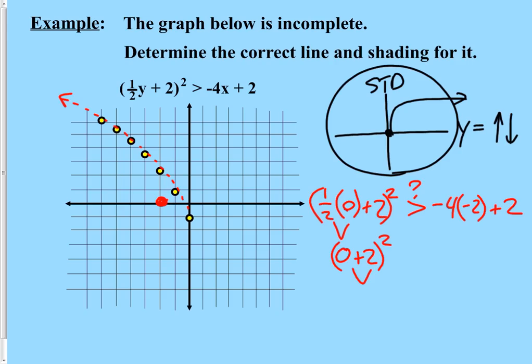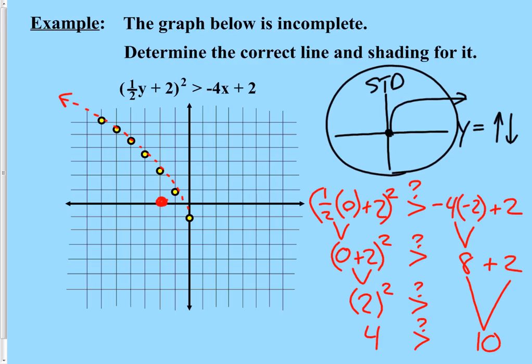Nothing plus 2 is 2, and 2 squared is 4. We are curious if this is greater than whatever's happening on the right side of the problem. Over here, -4 times -2 is +8. 8 plus 2 is 10. The statement says 4 is greater than 10.